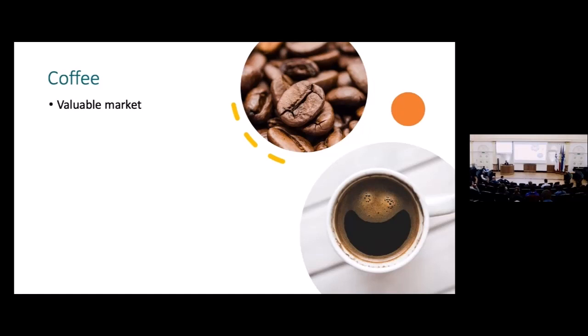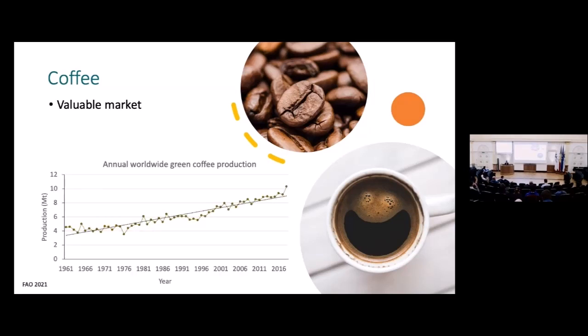Coffee is a very variable market with a primary production export of $21 billion in 2017, with an overall increase of coffee production for 60 years.